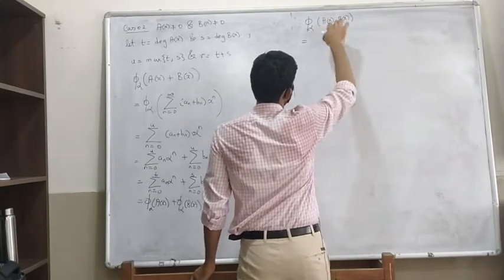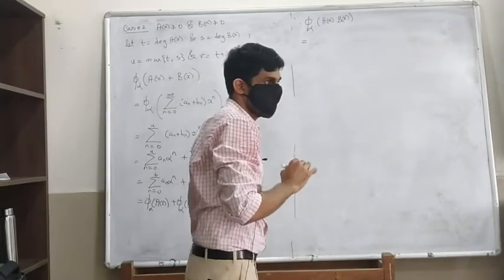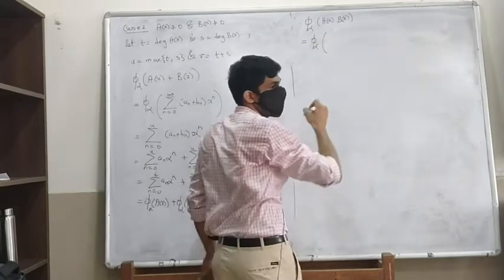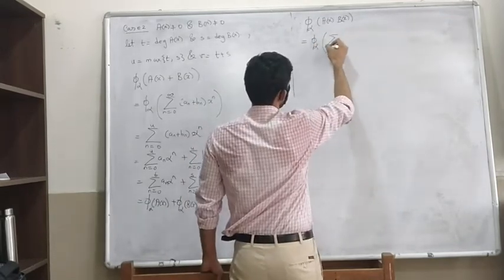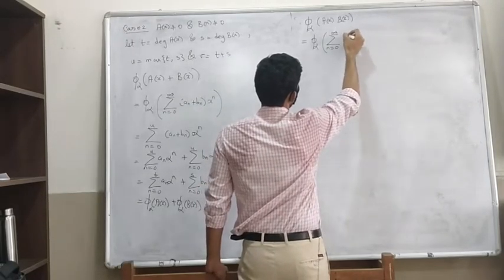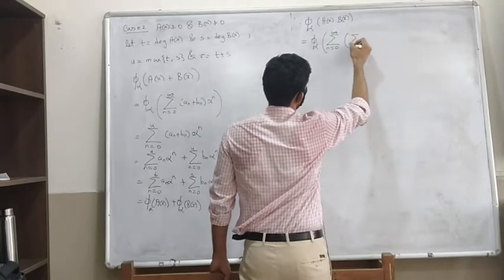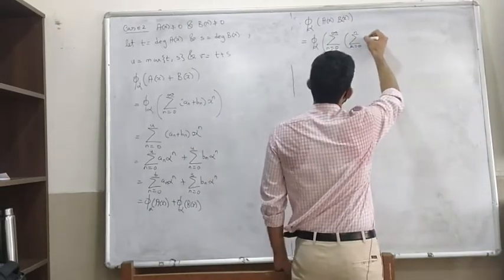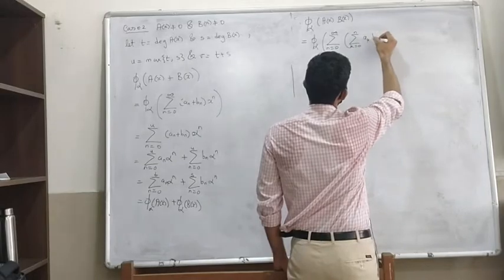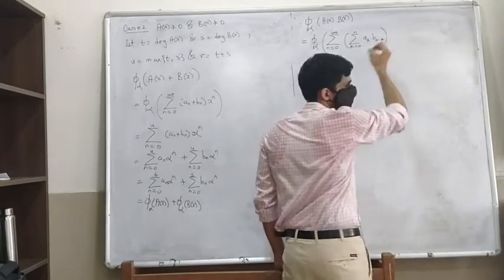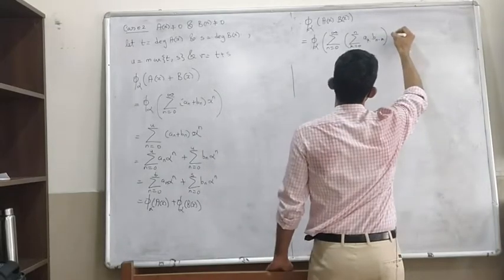To know this, I should know what is a of x times b of x. So this is phi alpha of summation n going from 0 to infinity, summation k going from 0 to n, a_k b_{n minus k}, that's the nth term. We have discussed this last time, x raised to n.